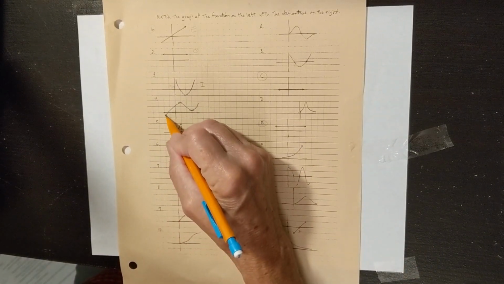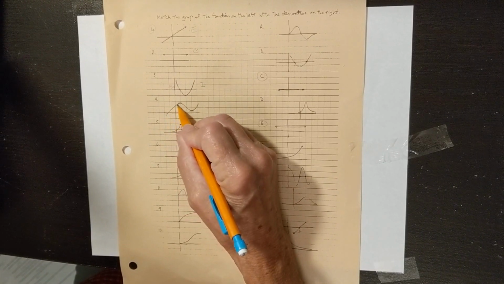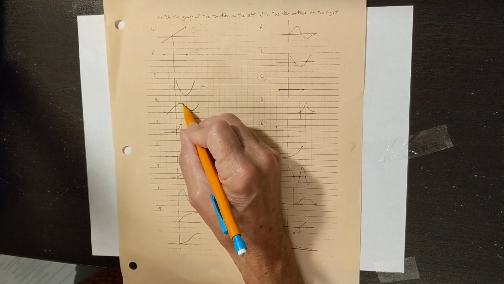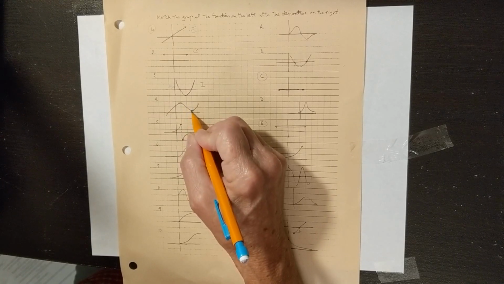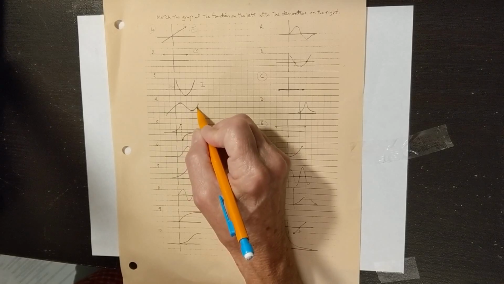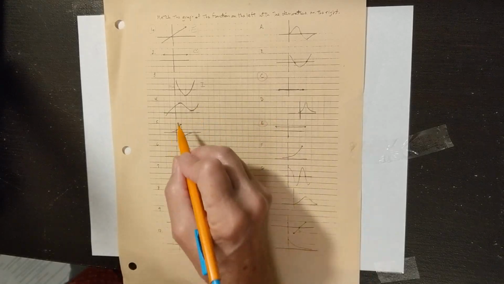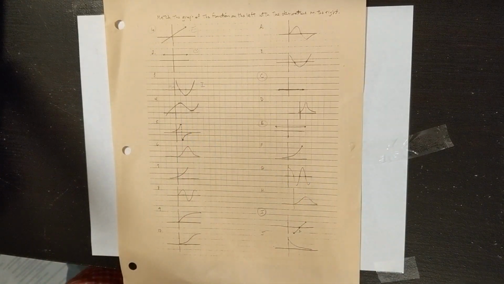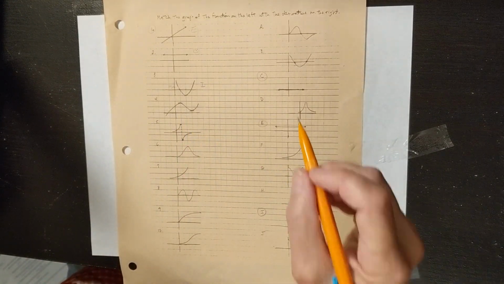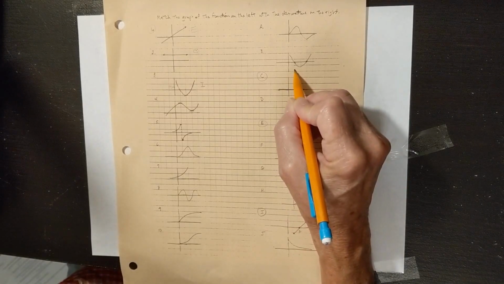So it was positive, less positive, less positive, less positive, 0. Little negative, negative, less negative, 0. Little positive, more positive, more positive. So it hit 0 at about 1 and about 3. Let's see if we have something over here that hits 0 at about 1 and 3. B does. This looks right.